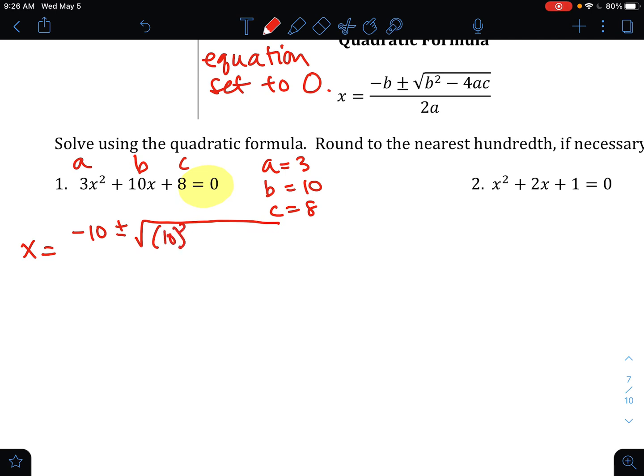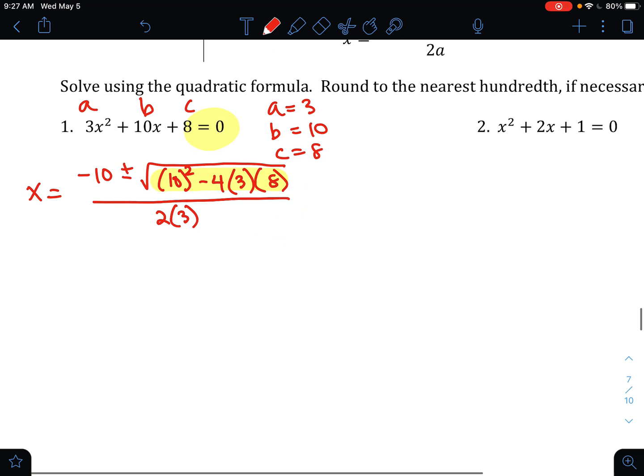So b is 10, there's b squared, minus 4, and then in parentheses multiply by a, which is 3, times c, which is 8. And then all over 2 times a, and the a value is 3.